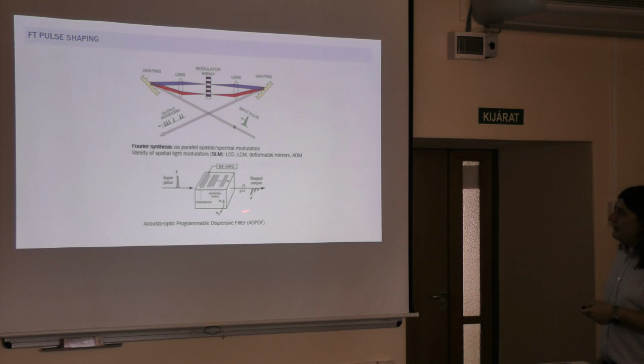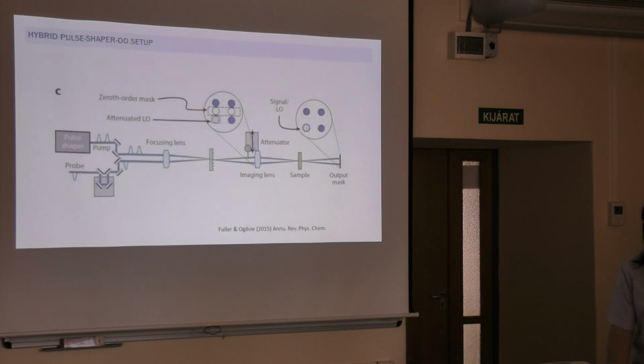But there are devices that you can buy that do that a little differently. For example, this is the acousto-optic programmable dispersive filter. What you need to know is this is a nonlinear crystal with the birefringence controlled by a radio wave, and there is a cable to the computer, and you dial the shaping that you want, one pulse, two pulses, three pulses, and that's what comes out.